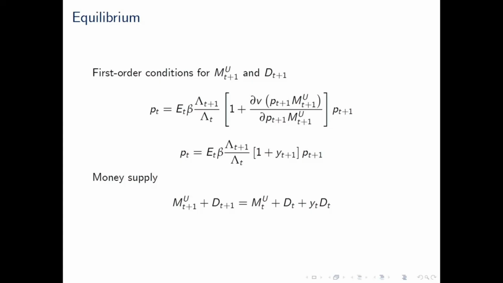These are the two first order conditions, the pricing equations, which link the price to the expected future price, with discounting by the yield. If the money is used for staking, you get the staking yield. If it's used by a final end user, you get the marginal utility of money.